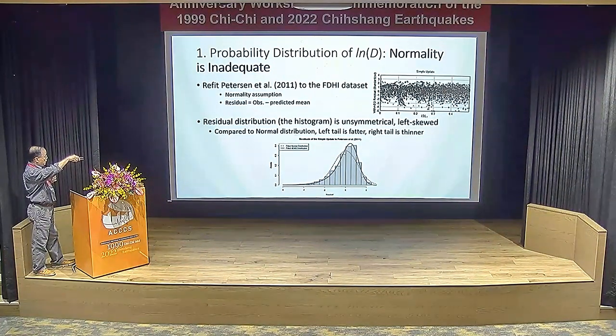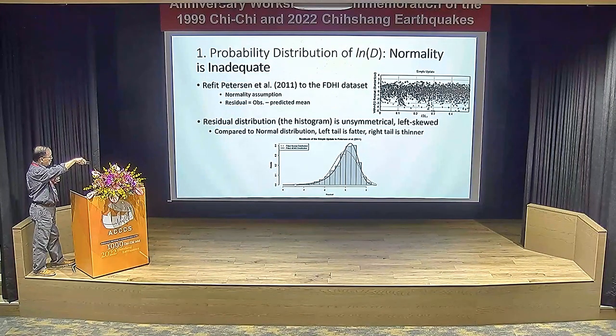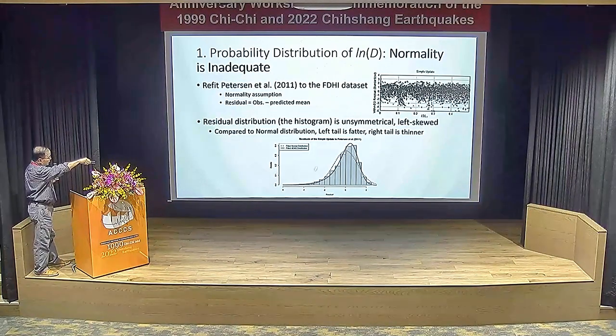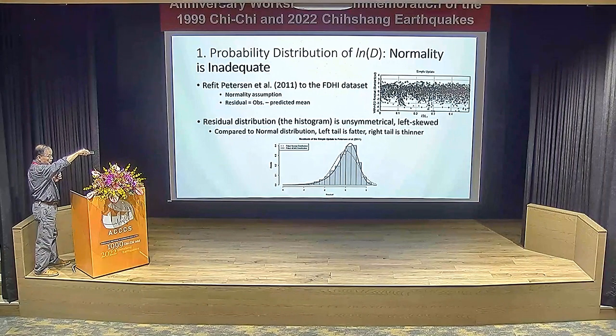Here we plot the residuals in a histogram, and you can clearly see that the residual distribution is not symmetric. It has a fatter tail on the left and a thinner tail on the right. The red curve here is fitting the residual with a normal distribution.